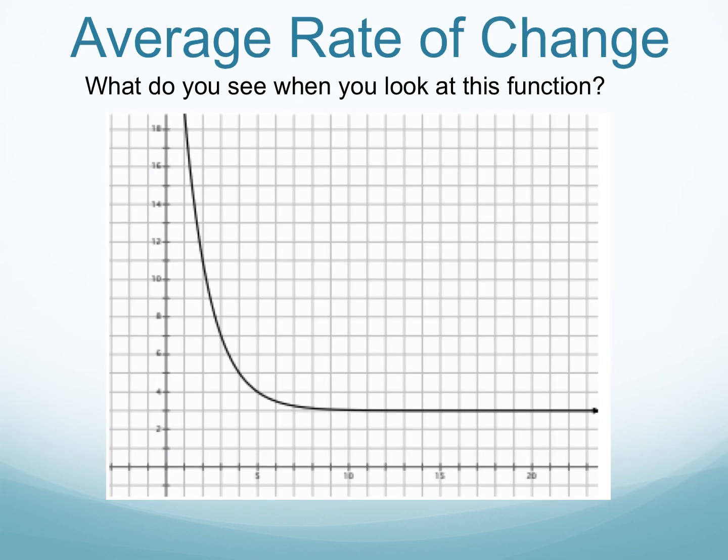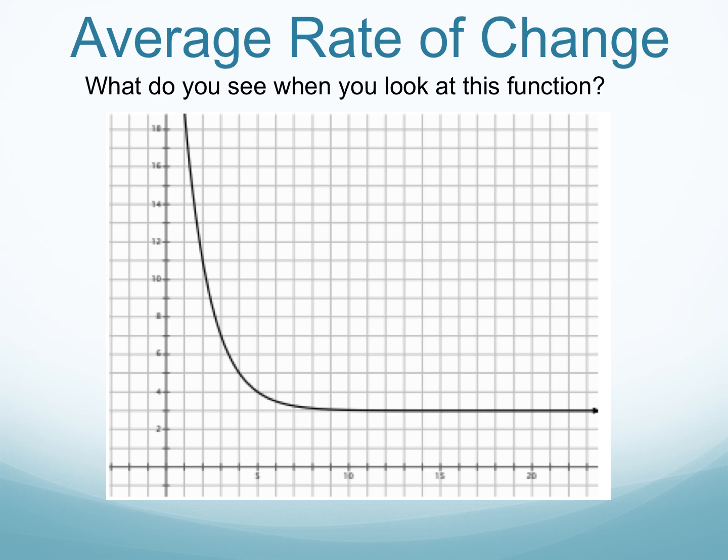So let's look at this average rate of change. So one thing to keep in mind is that when we talk about rate of change, we are talking about the slope between 2 points.